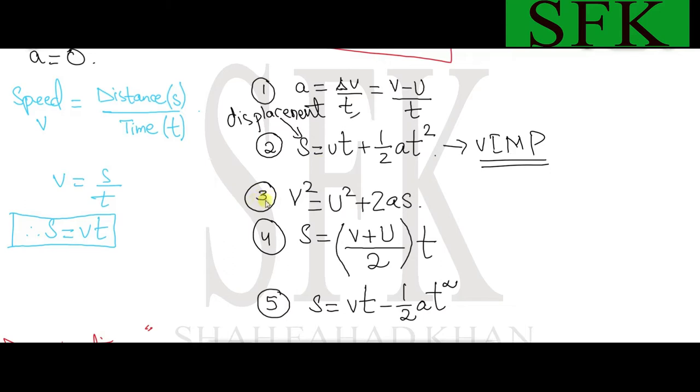Now let's look at the third equation: v² = u² + 2as. This is also a very important formula and has been frequently tested in past year papers. Again v is the final velocity, u is the initial velocity, a and s are acceleration and displacement.